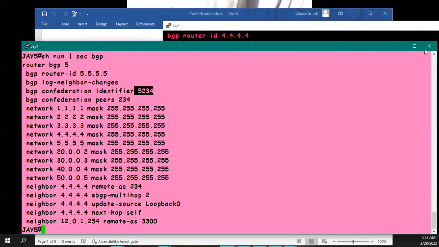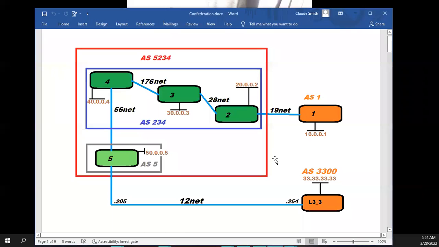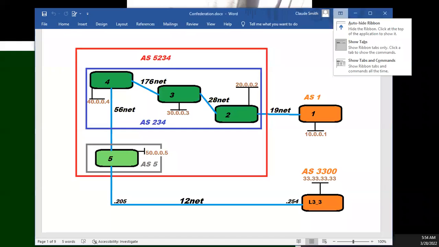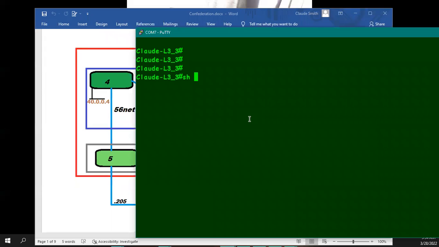Okay. Now the thing is, let's take a look at autonomous system 3300. Let me bring this over here. And show IP BGP summary, begin neighbor.